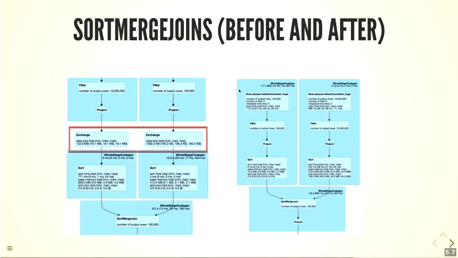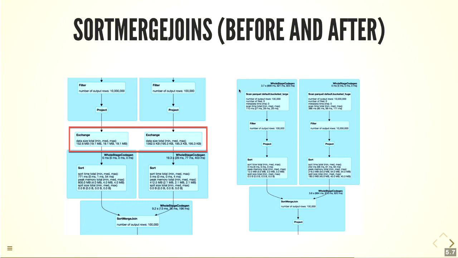Just to give you this comparison so you can see it, on your left, my right, you can see the query before bucketing these tables. As you can see, there is this extra step, two exchanges, just to shuffle the data. But since we moved this shuffling earlier in our pipeline, so we pre-bucketed our data, we've got this no-exchange query.